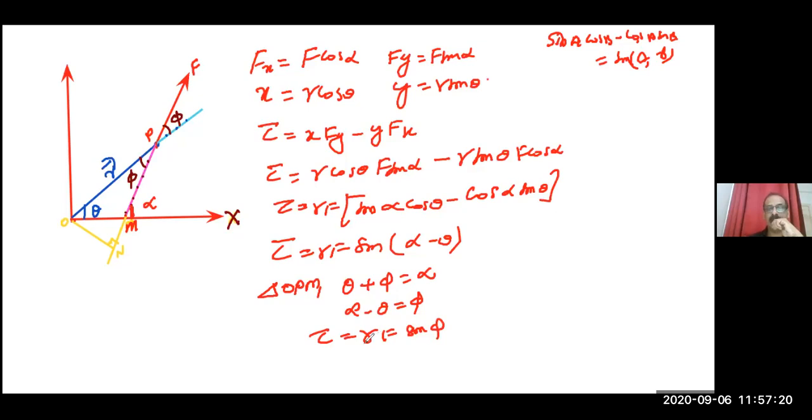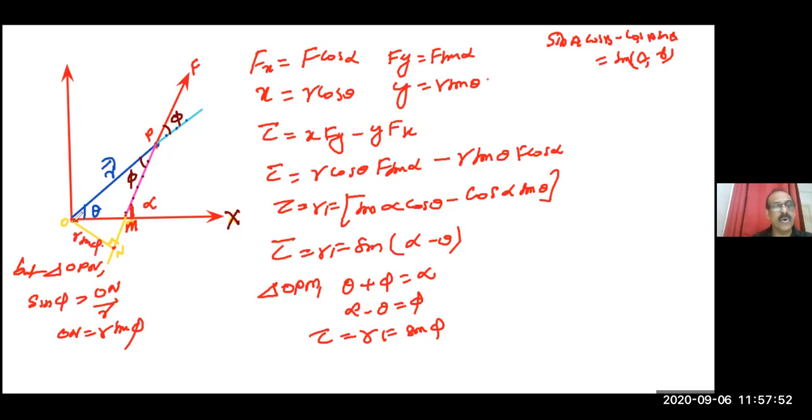But from triangle OPN, sin phi is equal to the opposite side ON divided by the hypotenuse R. Therefore, ON is equal to R sin phi. That's what I have written here.